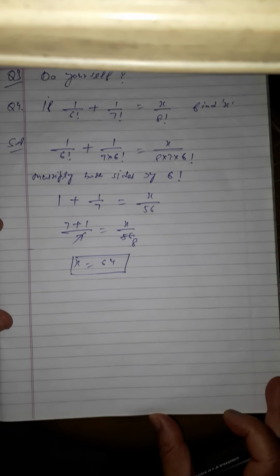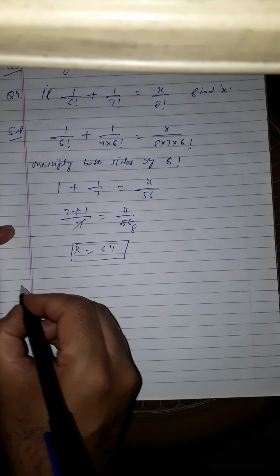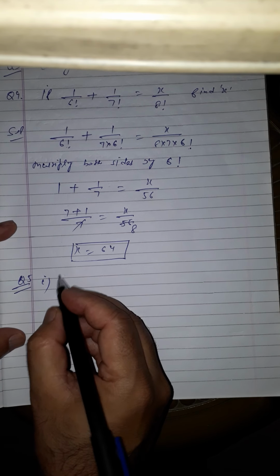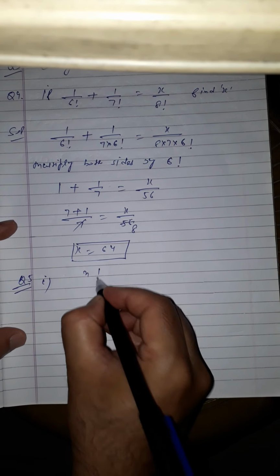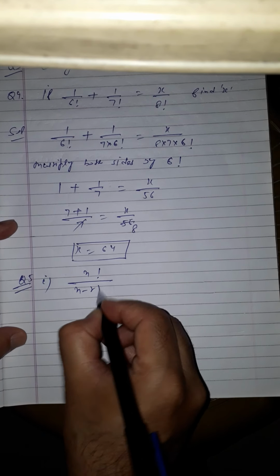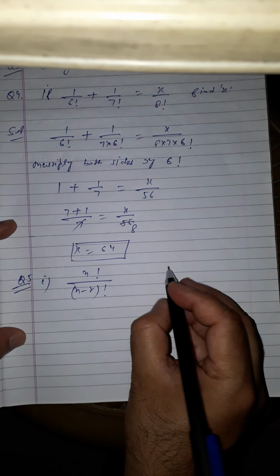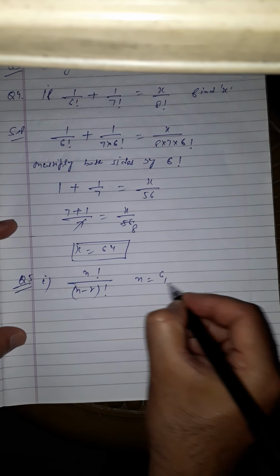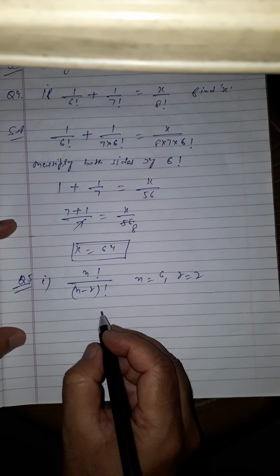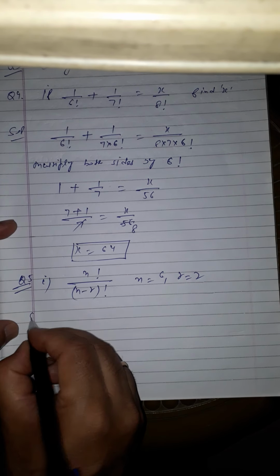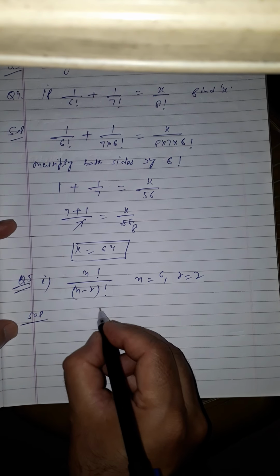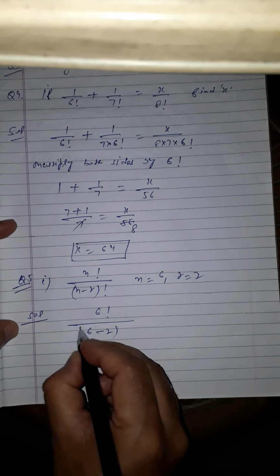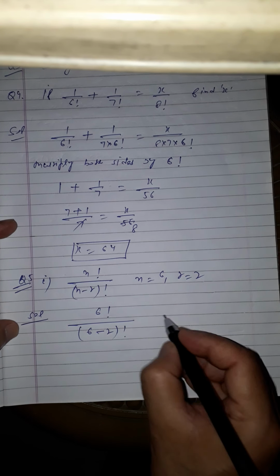So let us come to question number 5. Its first part is: evaluate n factorial upon n minus r factorial, where n is equal to 6 and r is equal to 2. Now students, how to solve it? Let us see. This is 6 factorial upon 6 minus 2 factorial, like this.